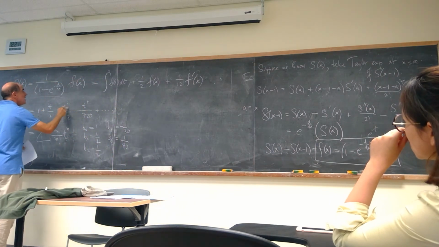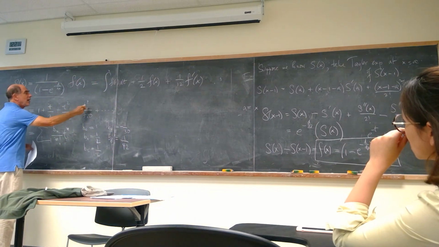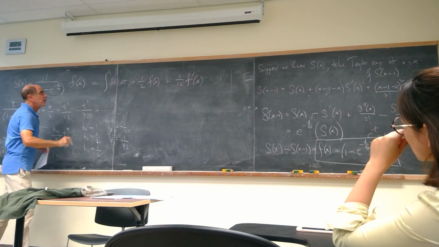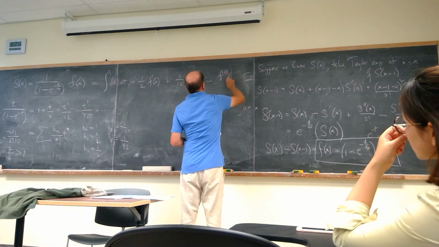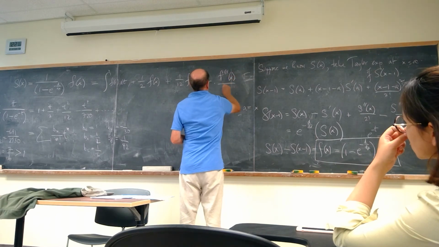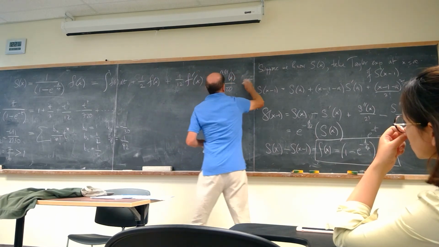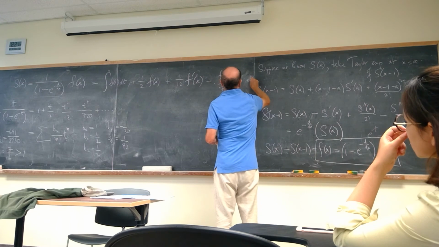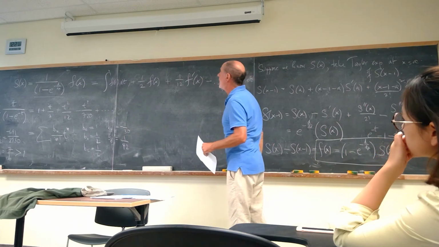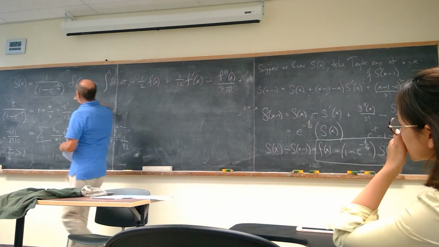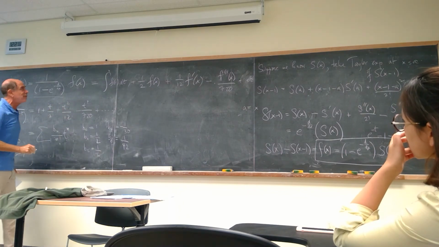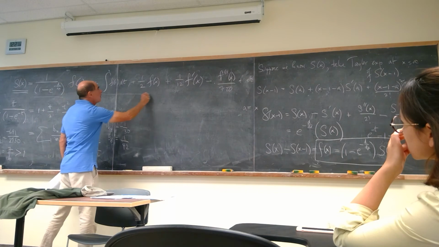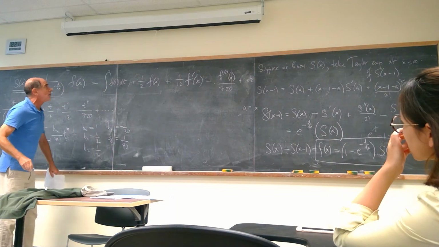Instead of t squared, you have a t here, t over 12. Then you have f triple prime over 720, etc. That's his idea of, this is the function s of x. So if I had the function f of x, this was my original approximation of it using the integral.